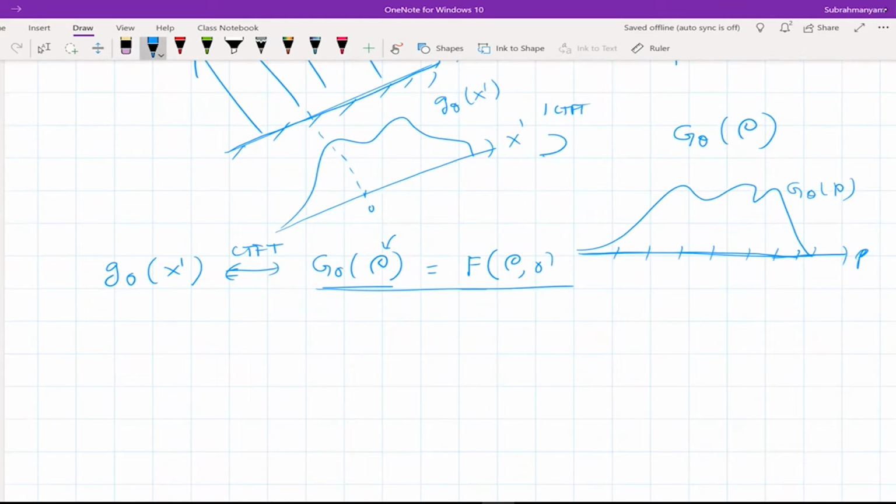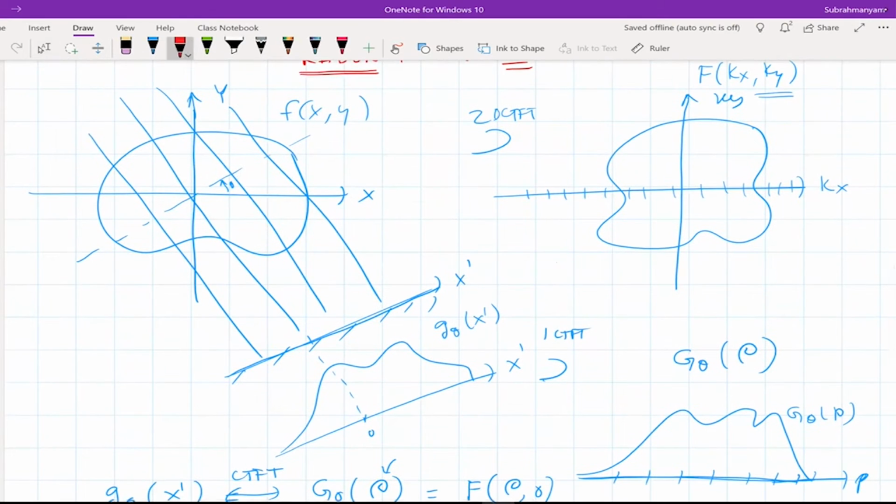If you had followed it, I will extend it now. Now you tell me g theta of x prime. I have it, and further, the CTFT of it is G theta of rho. Now you tell me what is this equivalent to? If it is at an angle theta, this we have derived already in the last class with an intuitive proof.